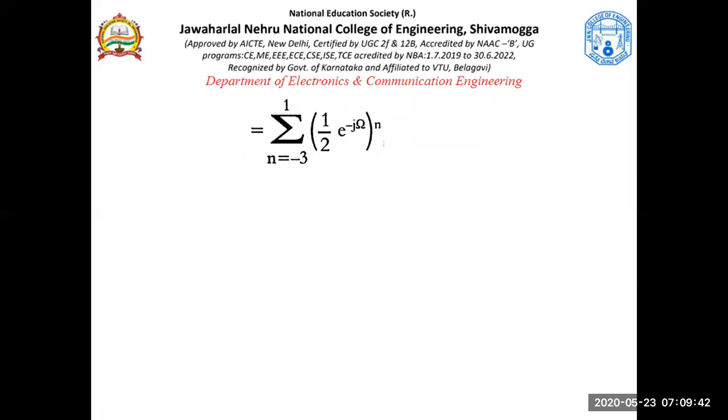There are three such standard summations we have seen. Now this is a finite summation, starting at minus 3 and going till 1, and this is not a standard form. We need to bring this to the standard form. What's the way we can bring it to the standard form?